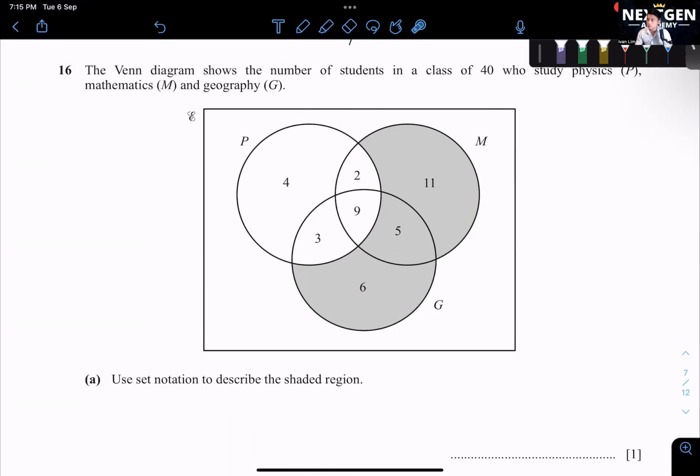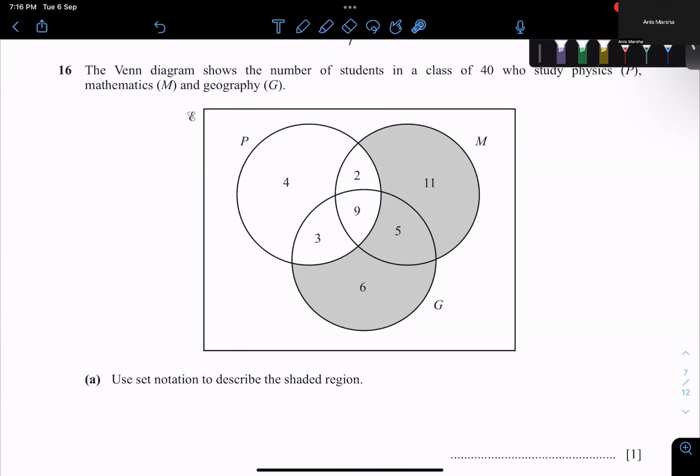So you have to think, I only want here. This one you have to use M union G, right? Why M union G? M union G, I will get here and here, this part and this part. But I don't want this part here, right?